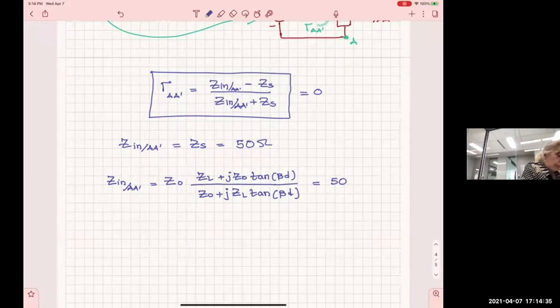Keep that in mind. We want that to become real. Now, we know ZL has been given to us. It was 30. That is not going to change.